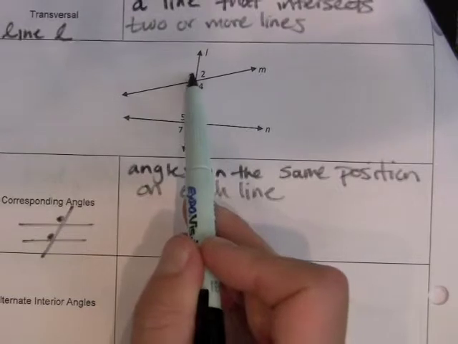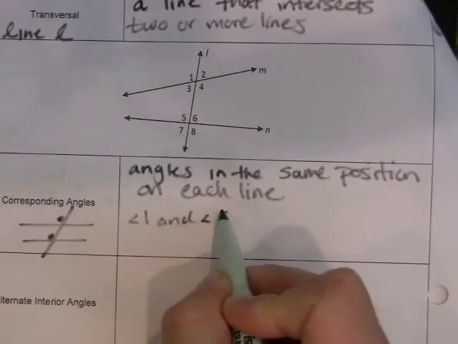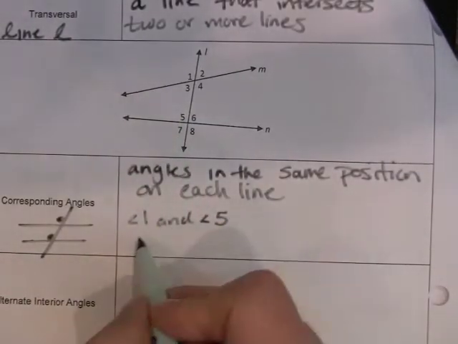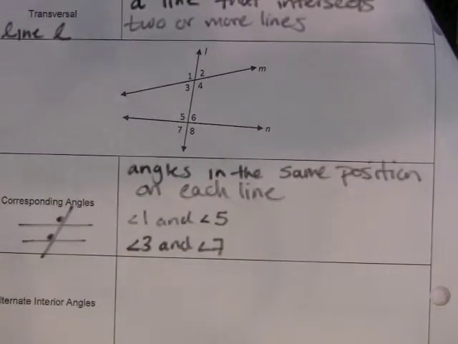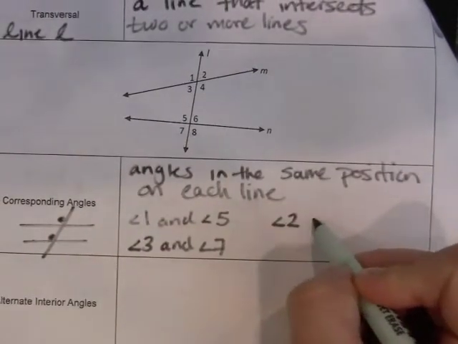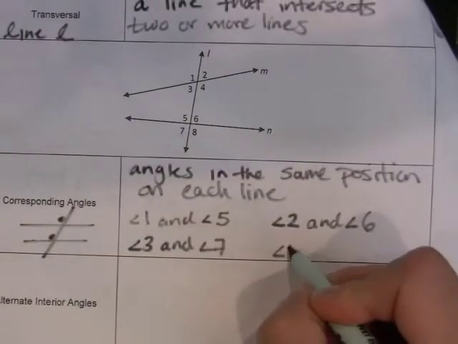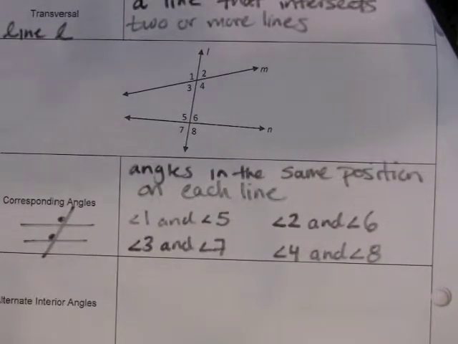If you look up here, angle 1 and angle 5 is a pair. And another pair would be angle 3 and angle 7. Another pair would be angle 2 and angle 6. And then lastly, angle 4 and angle 8. So those make up the list of corresponding angles.